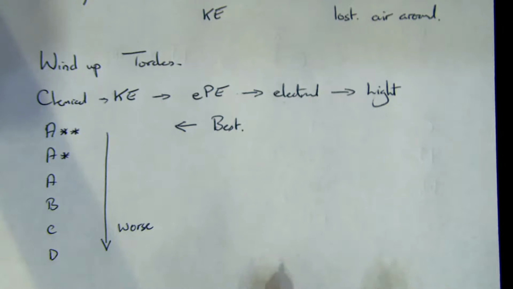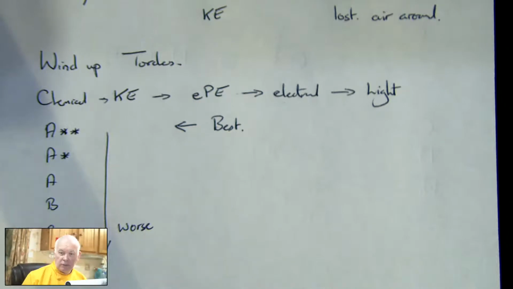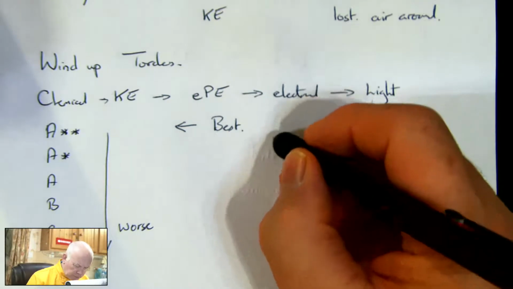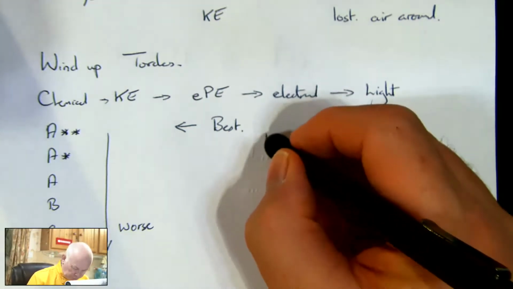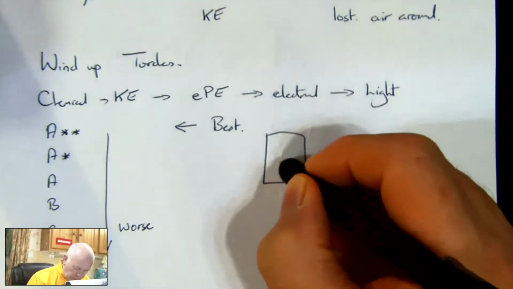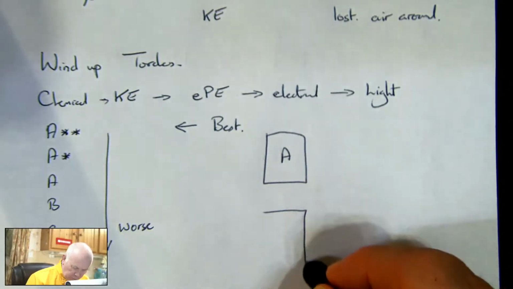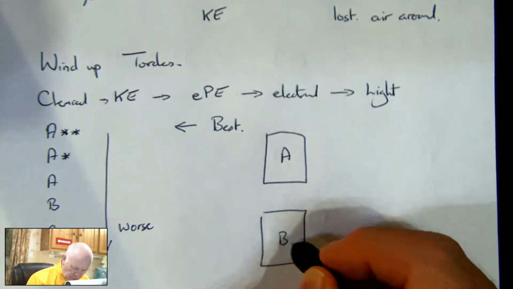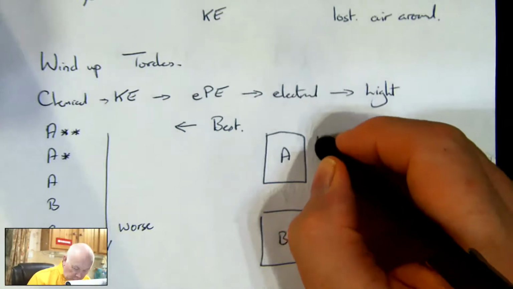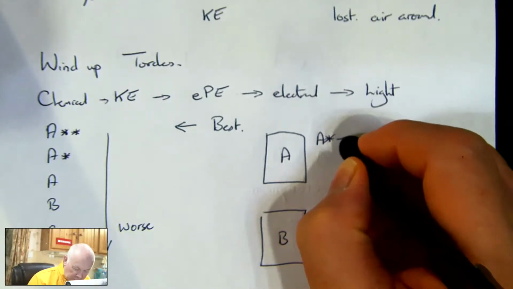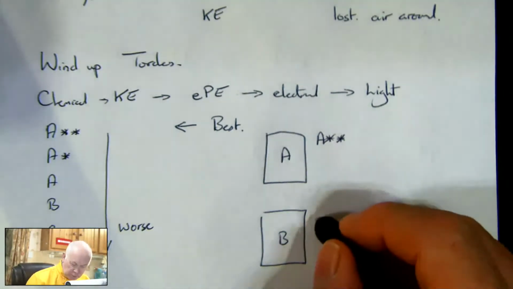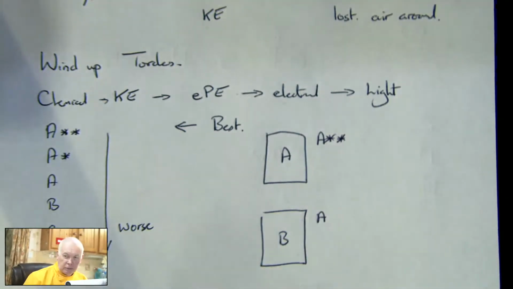Recently, I bought a fridge, and I looked carefully at the fridge. So I had a choice of two models. I've got fridge A and I've got fridge B. Fridge A was an A star star fridge, and B was just an A. So A is more efficient.